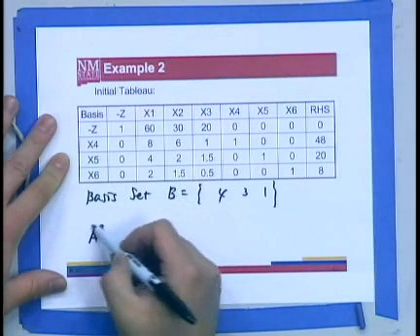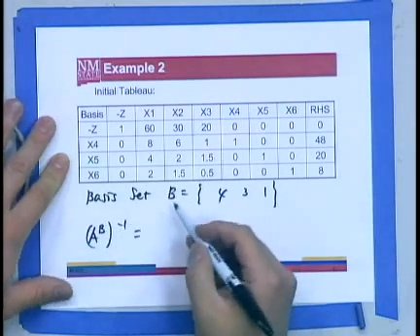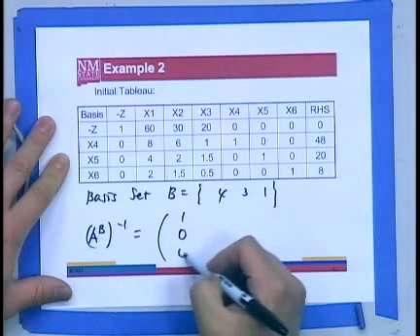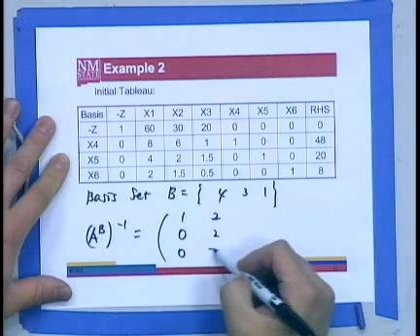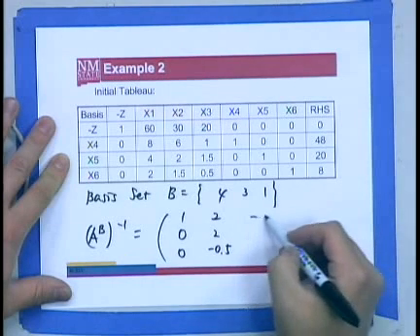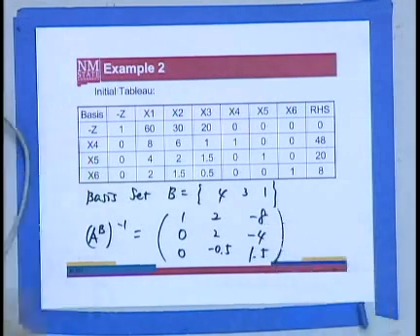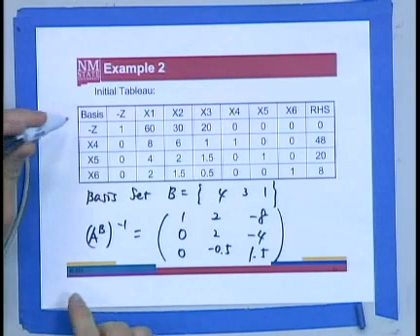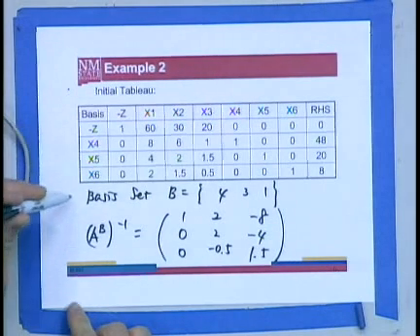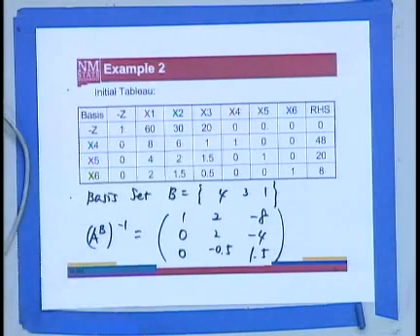And the new basis inverse matrix, which is 1, 0, 0, 2, 2, negative 0.5, negative 4, negative 4, 1.5, right? Now, again, we have the initial table, new basis set, and the new basis inverse matrix. So we are able to begin the next iteration, iteration number 3, right?